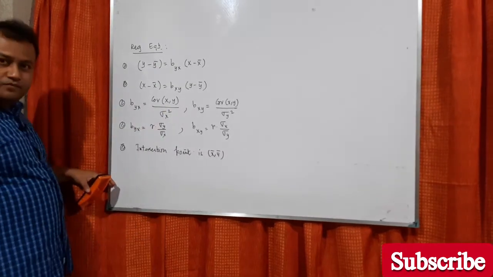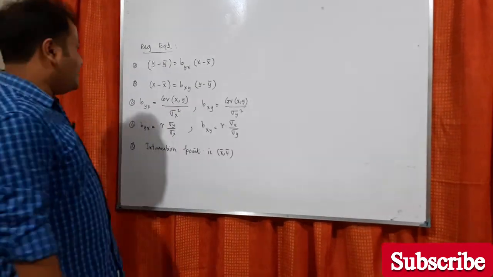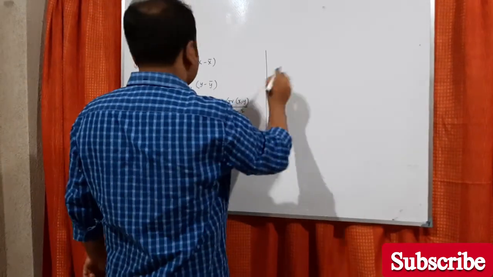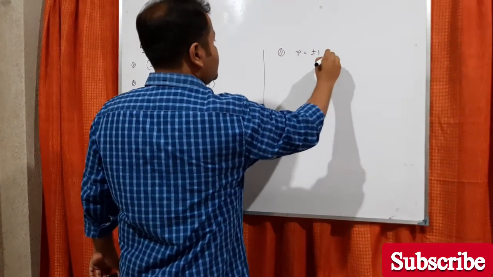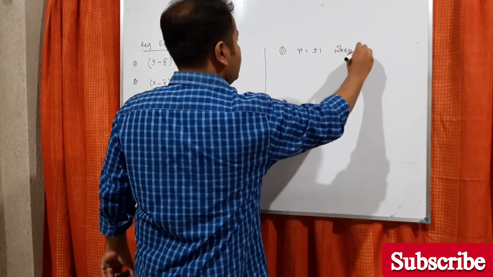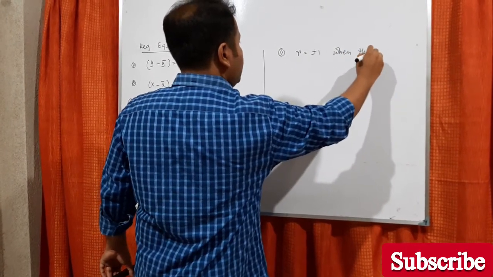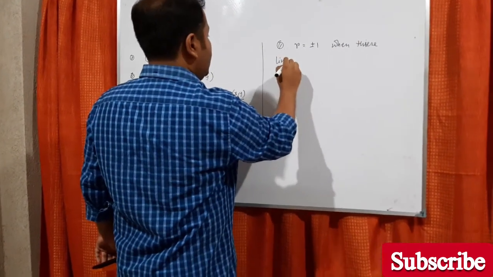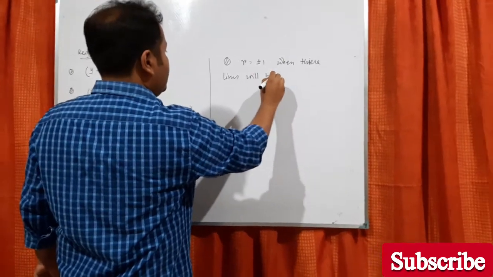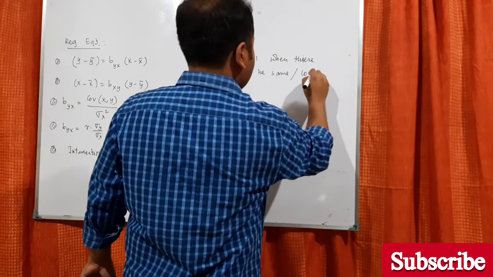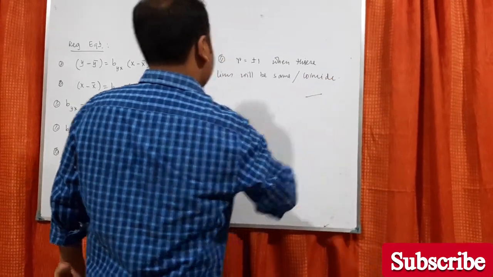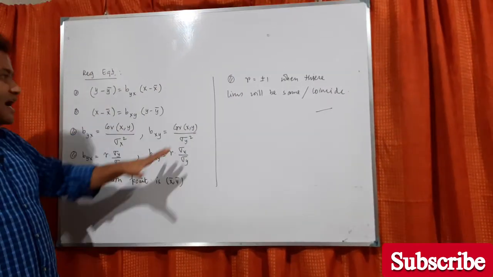For both lines we have got the intersection point, and finally we have shown that r should be plus minus 1 when these lines are the same or coincide. Okay, so that is the whole idea.